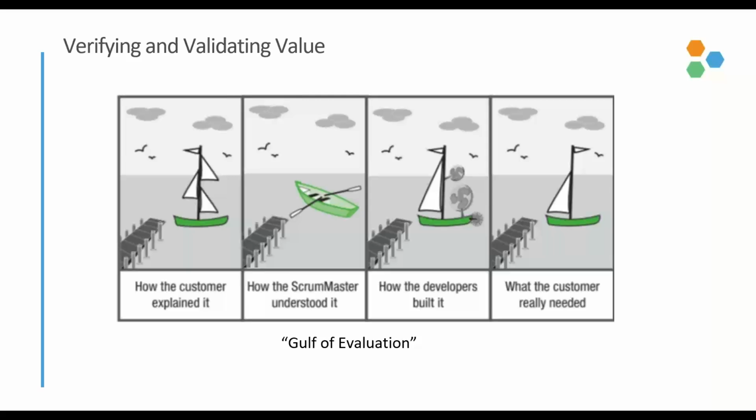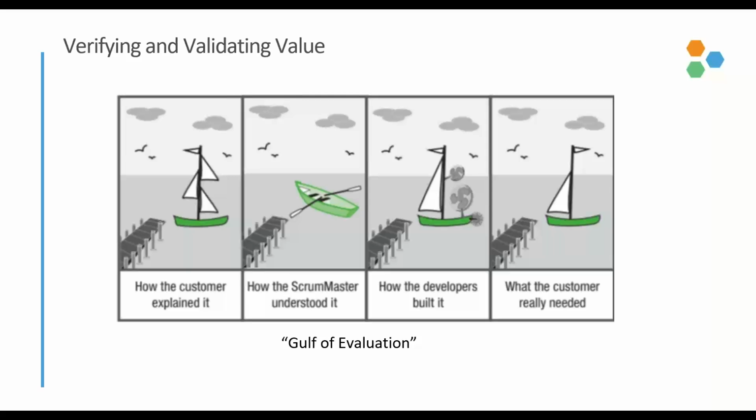So this challenge is really illustrated in what's called the gulf of evaluation, and that you see here on the slide. These types of illustrations show us how easy it is for communication to break down, especially when describing something intangible. The first frame says how the customer explained it, and then we have how the Scrum Master understood it, quite different.